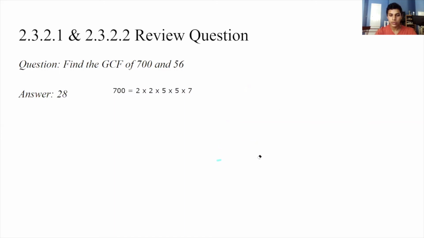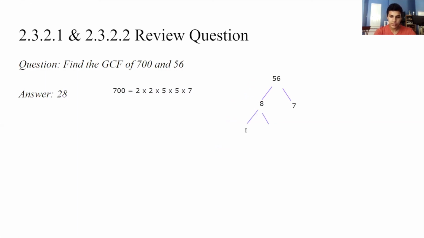All right, so I need to also find the prime factorization of 56. So 56, I'll write at the top, and I know two numbers that go into 56 are 8 and 7. Those are just numbers from your times tables. 8 times 7 equals 56. Now 7 is a prime number, so I can't break that down any further, but I can break down 8 a little bit further into 2 and 4.